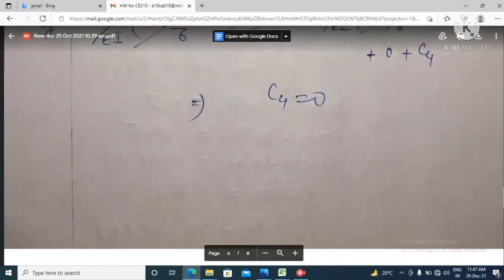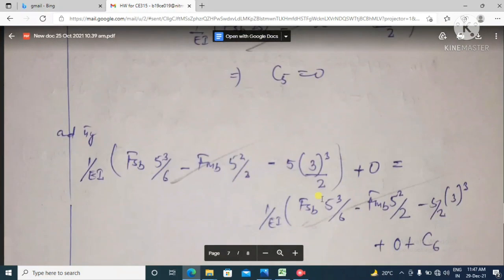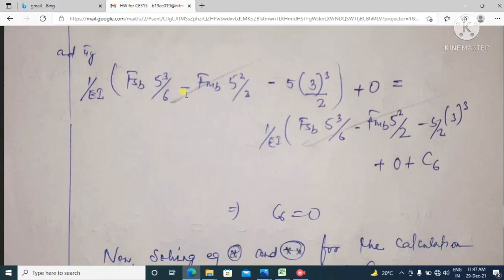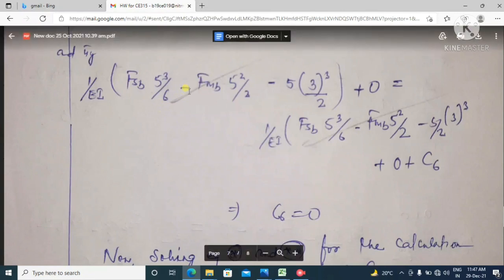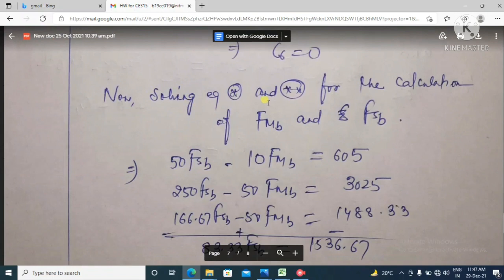See, finally we are having this. C3 we have 0, na. So C5 equal to 0. Again uy should also be the same from both sides. So C6, when you do it by your side, will also be 0.